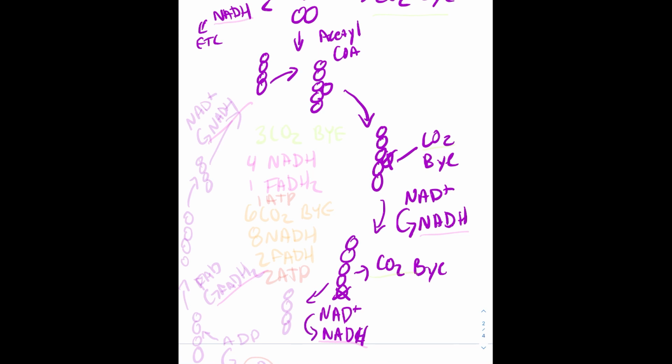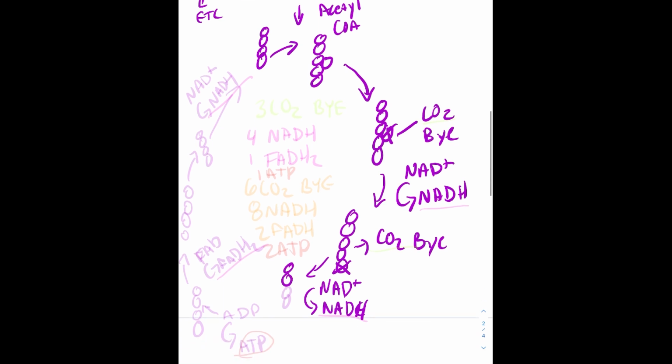And then we're going to have that 4 carbon, ADP is going to come around, it's going to take a phosphate that was there. And we will have 1 ATP. And we're going to have another 4 carbon right here. And we're going to have FAD, which is another electron carrier.